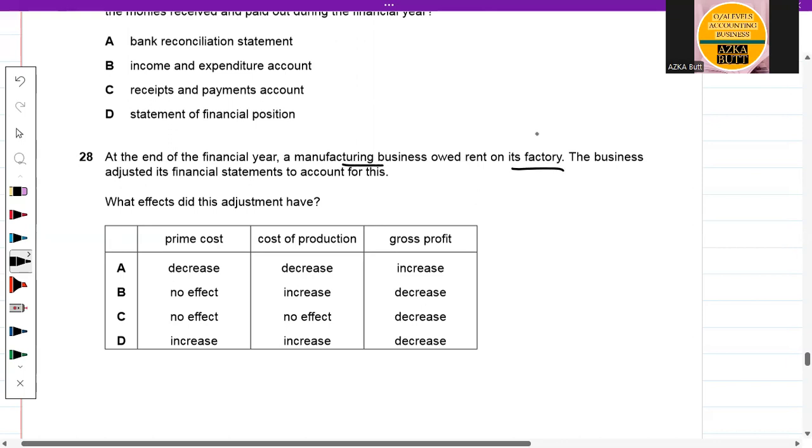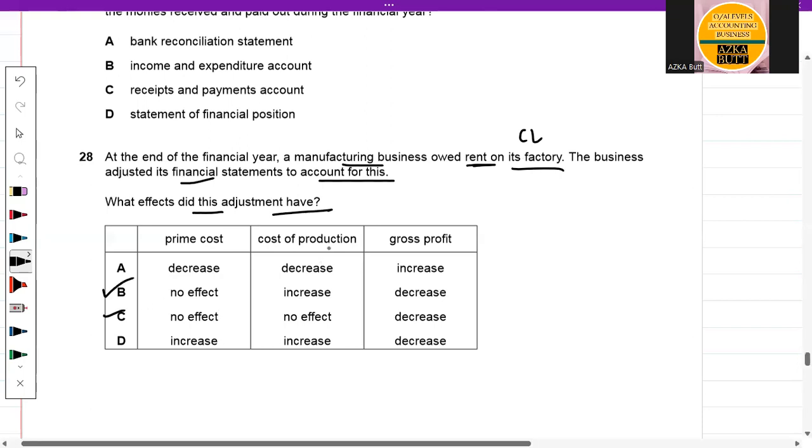So it means that rent owed on its factory is a current liability. The business adjusted its financial statements to account for this. What effect did this adjustment have? We know that rent of factory would not be part of prime cost, so there is no effect.